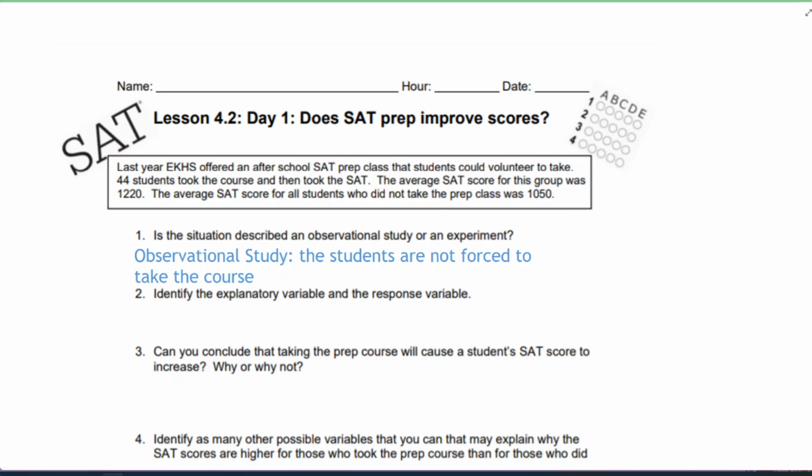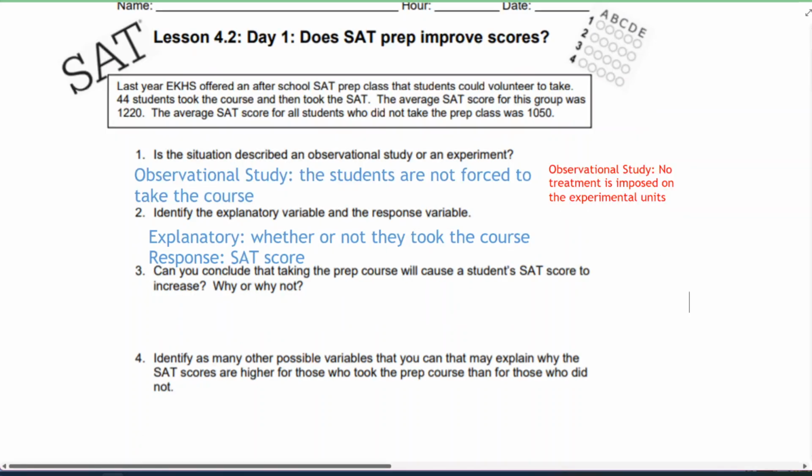The numbers that we're taking here are going to be SAT scores. So that seems like our response variable would be SAT scores. And once we have SAT scores as our response variable, then it's pretty clear that the thing that we're trying to show is the cause for the SAT score increases is going to be the course that they took. Whether or not they took the course will be our explanatory variable.